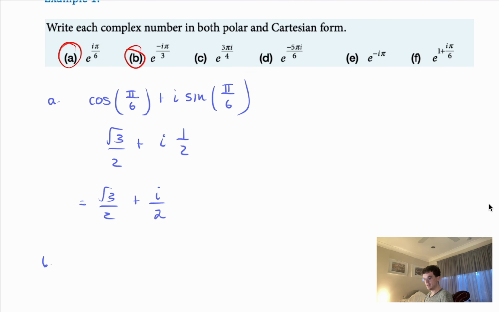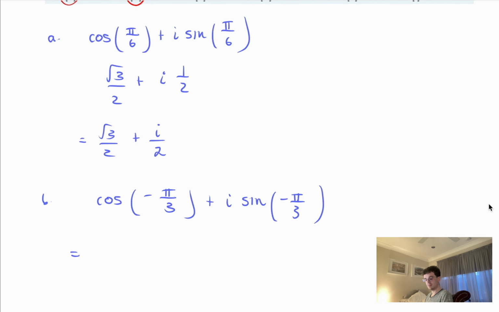Okay, part B, again, the coefficient of e is 1, so the modulus of this complex number is also 1. So this is cos of negative pi on 3 plus i sine of negative pi on 3. Now, something nice about complex numbers that we're going to start to get used to is the fact that this is actually the same as cos of pi on 3 minus i sine of pi on 3.